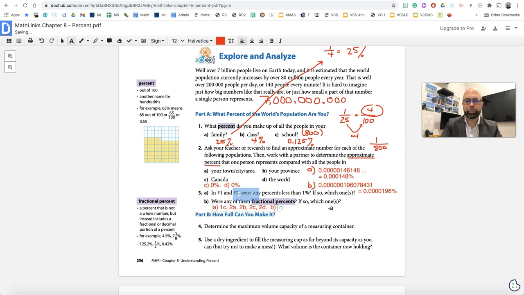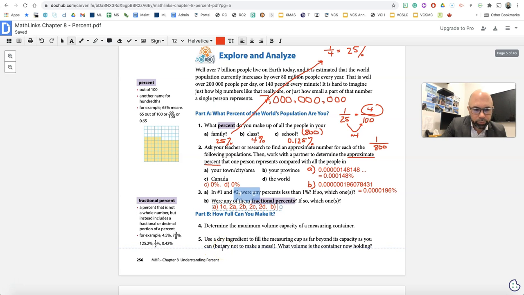And were any of them fractional percents? Again, the definition of a fractional percent is a percent that is not a whole number, but instead includes a fractional or decimal portion of a percent. For example, 4.5%, 7 3/8%, 125.2%, 0.5%, 0.42%.